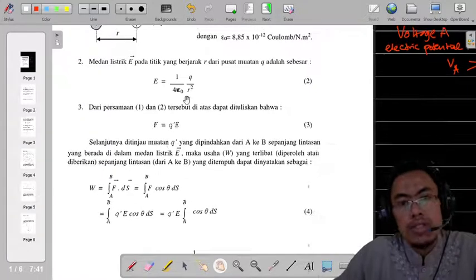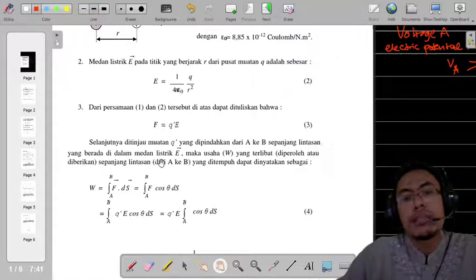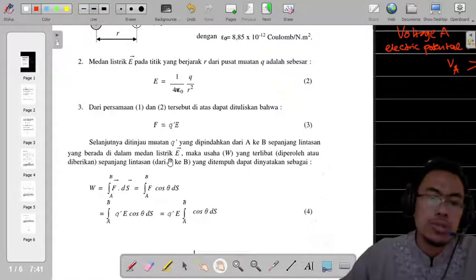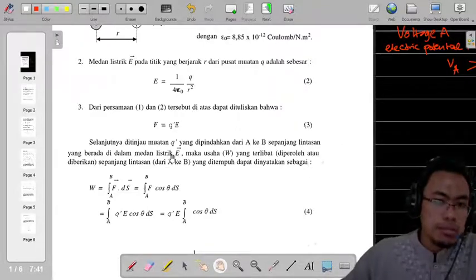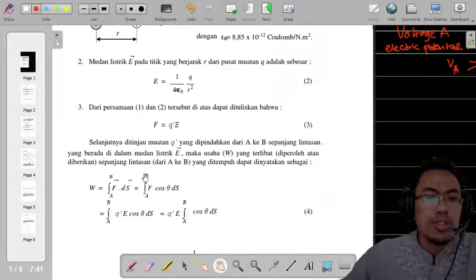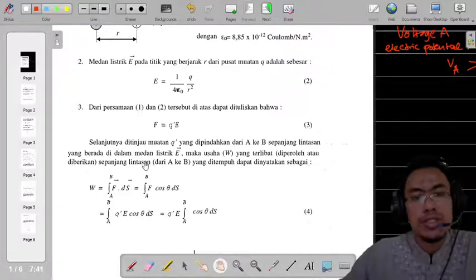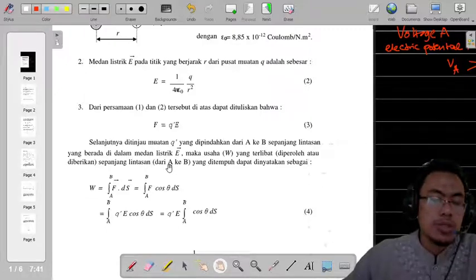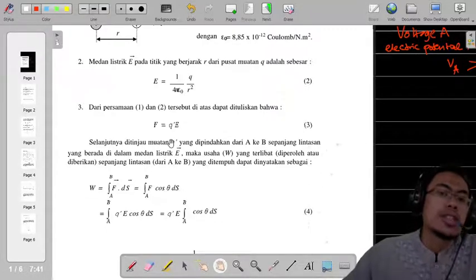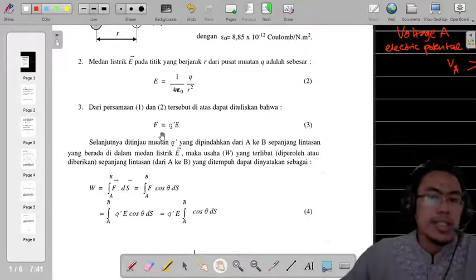I mean the process of getting the formula, ya, in Bahasa Indonesia. So if you want to know more about how this formula can be produced, I suggest you watch my video about this one in Bahasa Indonesia.